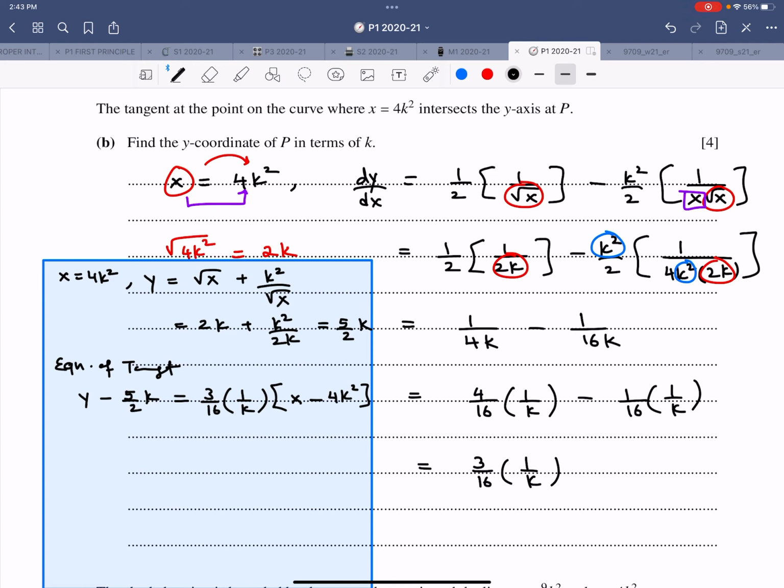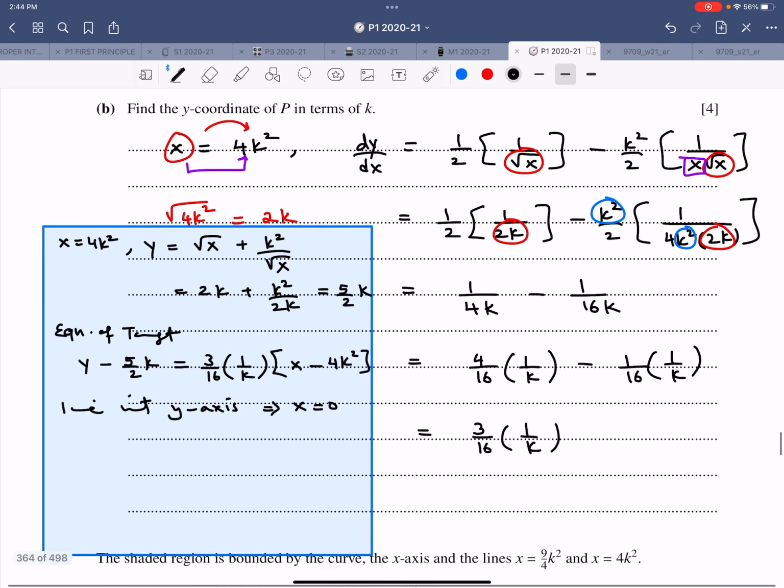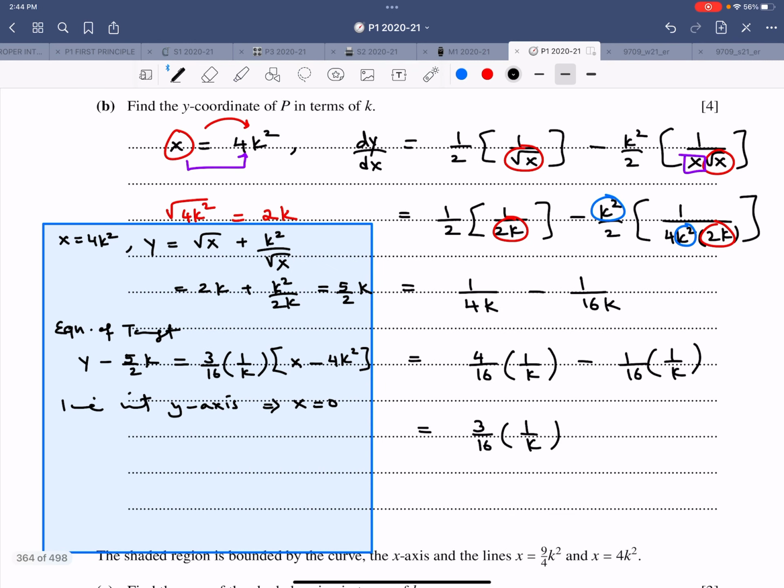It intersects the y-axis at P. Line intersects y-axis, therefore x coordinate is 0. So now make y the subject. So therefore, when x coordinate is 0, y minus 5 over 2k is equals to 3 over 16.